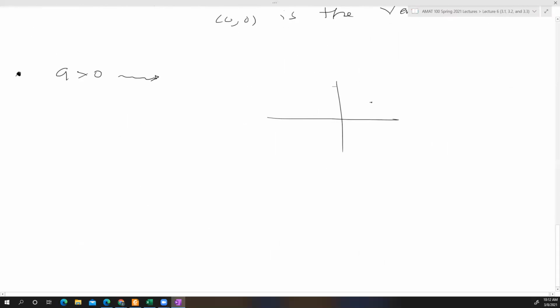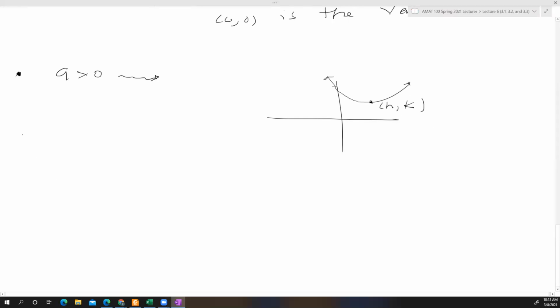Maybe the point (h, k) is right here, and it's going to open up. This point is the vertex (h, k), and the fact that a is a positive number means that the graph is going to open up at the vertex (h, k).